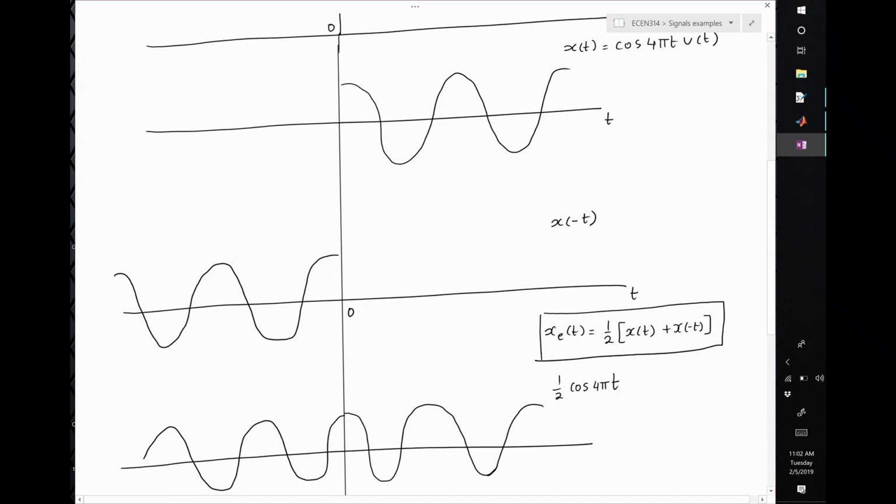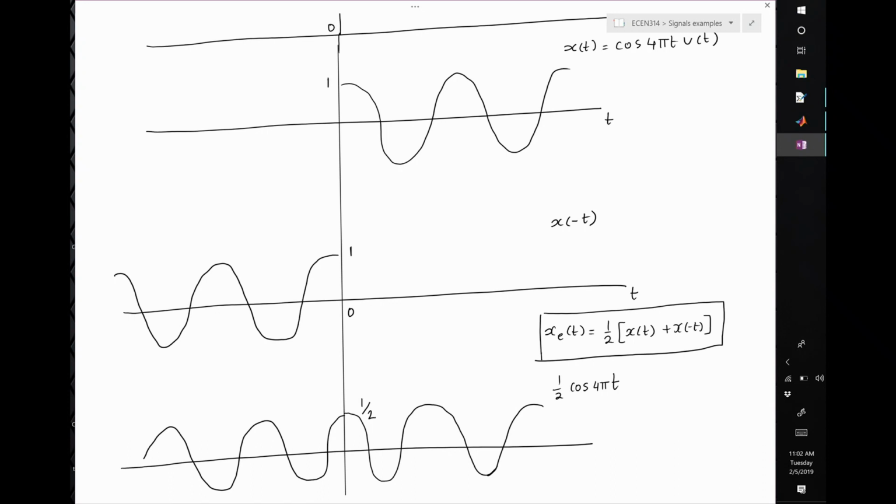So when I add this signal and this signal divided by 2, I'm going to get some signal like this. And this is 1, this is 1, this is 1/2. Now, notice that this signal is actually exactly the same as 1/2 times cosine 4 pi t.